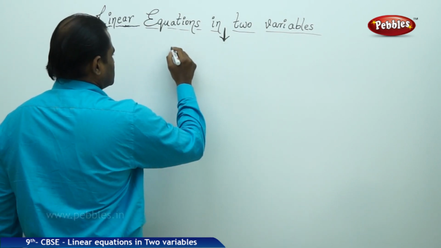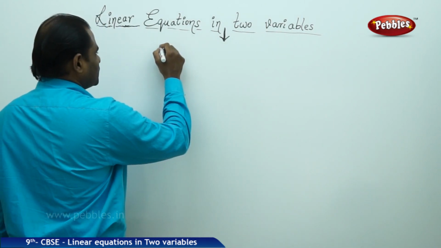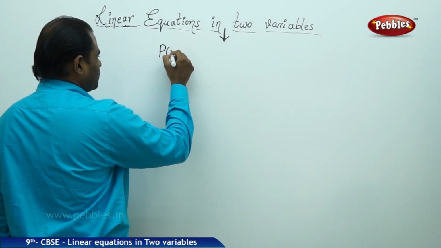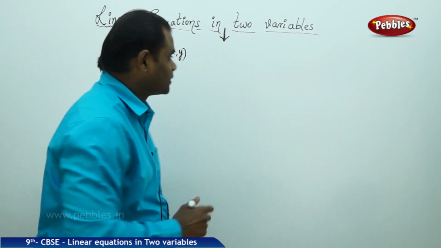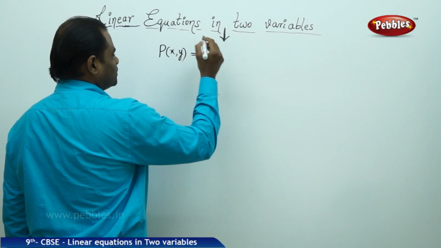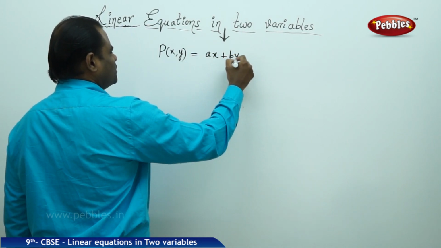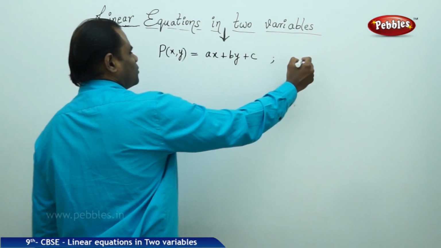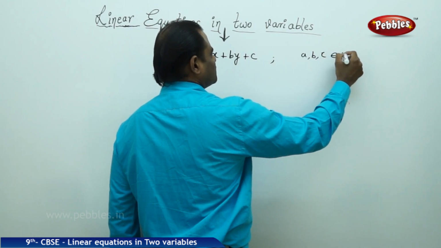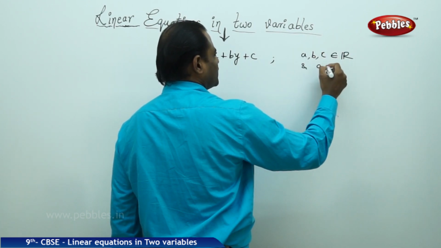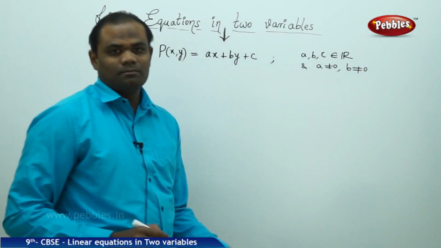So as we come across, let's recap with the linear polynomial, which is defined as follows: a polynomial p of x comma y is said to be a linear polynomial in two variables x and y if it is equal to ax plus by plus c, provided all the constants a, b, c belong to R and a not equal to 0 and b not equal to 0.